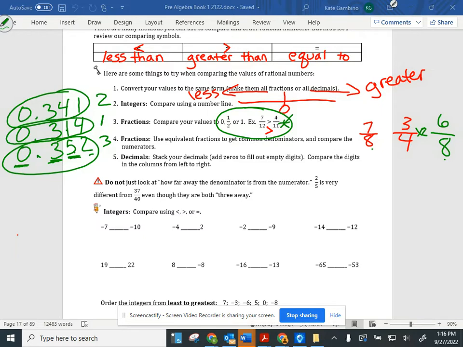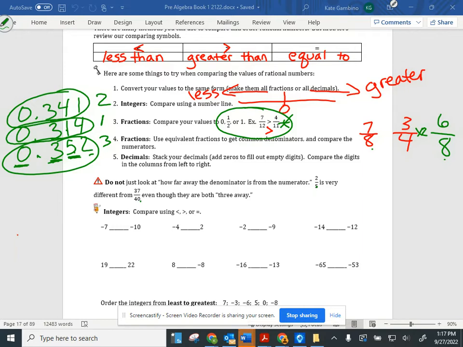Do not just look at how far away the numerator is from the denominator. 2/5 is very different from 37/40, even though they're both 3 away from the denominator. 2 is 3 away from 5. 37 is 3 away from 40.